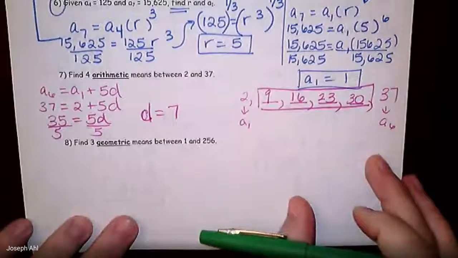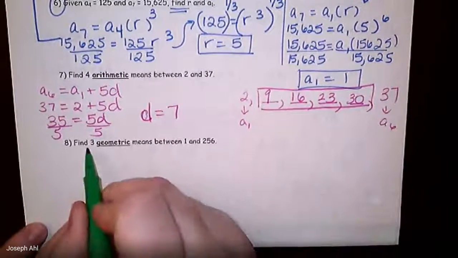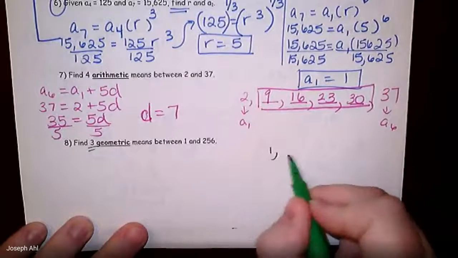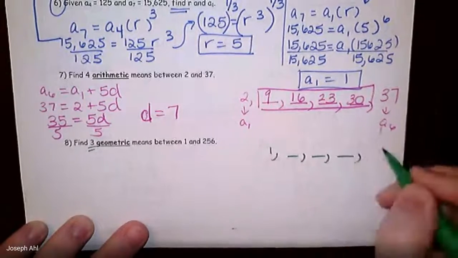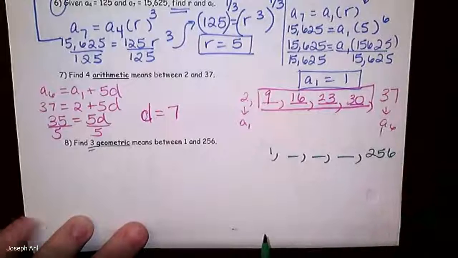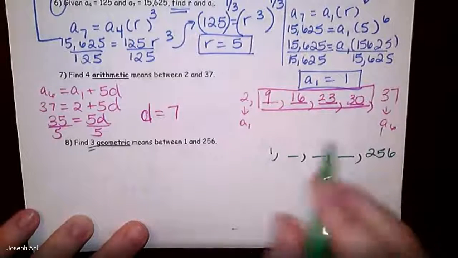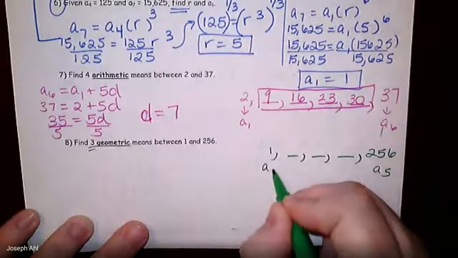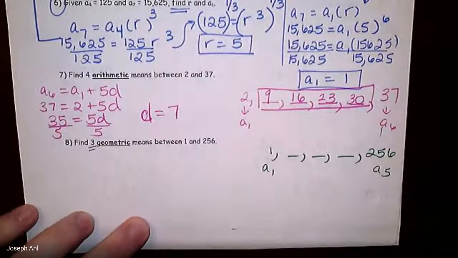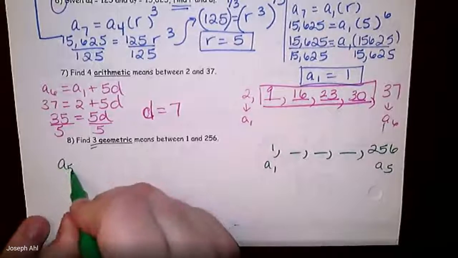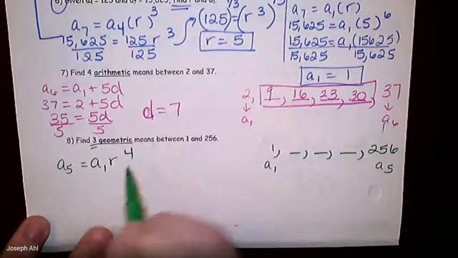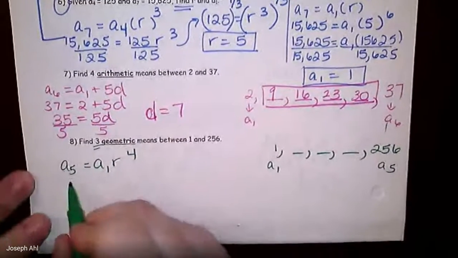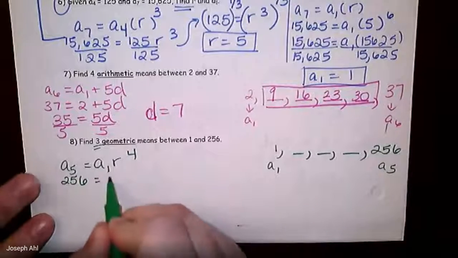Really similarly for geometric means, it says there are 3 of them in this one. You're going to put 3 blank spots in between 1 and 256. Since there's only 3 blank spaces this time, the last term is A5 and 1 is A1. So the setup would be A5 equals A1 times r to the 4th. 256 is A5, A1 is 1.